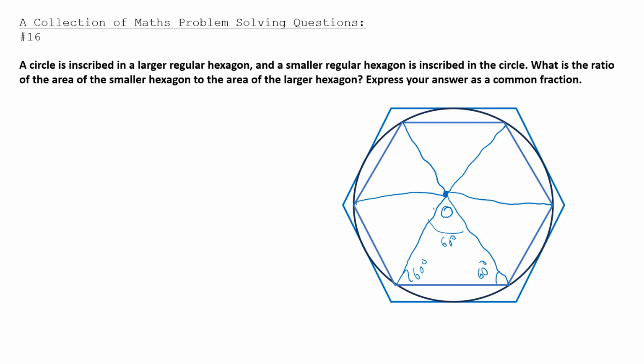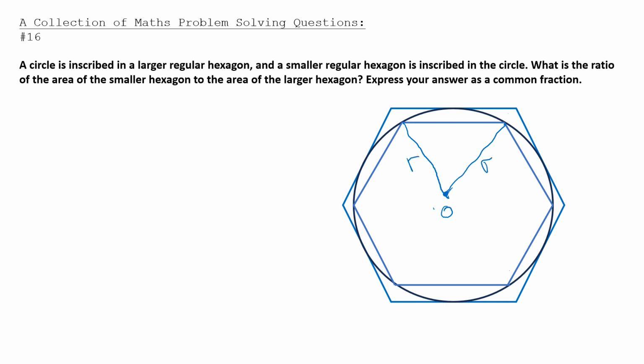Now the thing to note here is that when I join O to the vertex of the smaller hexagon, I have actually drawn the radius of the circle.